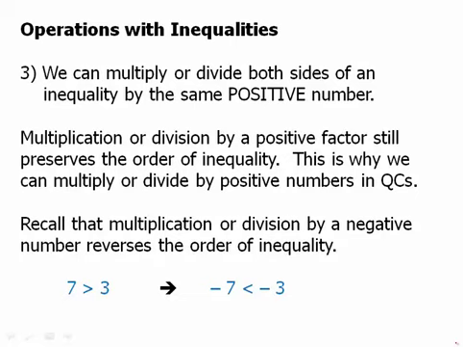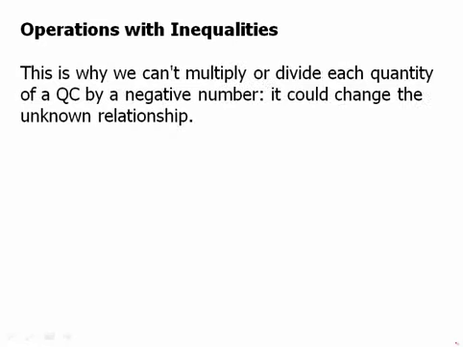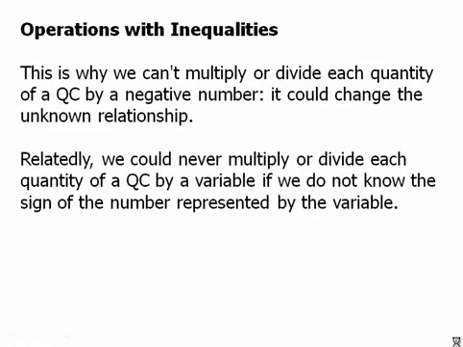I am better off if I am $3 in debt than I am if I'm $7 in debt. $7 in debt, I have quote-unquote less money than if I were merely $3 in debt. So -7 is less than -3. So when we multiply by a negative, the order of the inequality is reversed. That's why we can't multiply or divide each quantity of a QC by a negative number. It could change the unknown relationship.